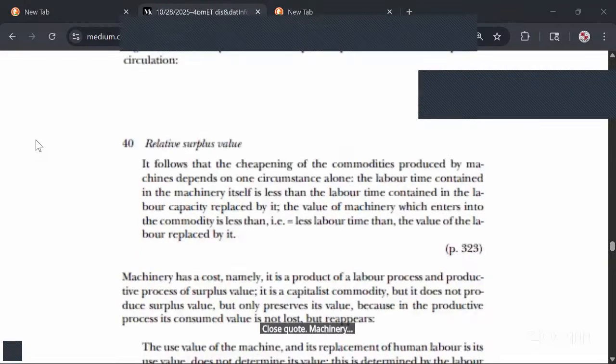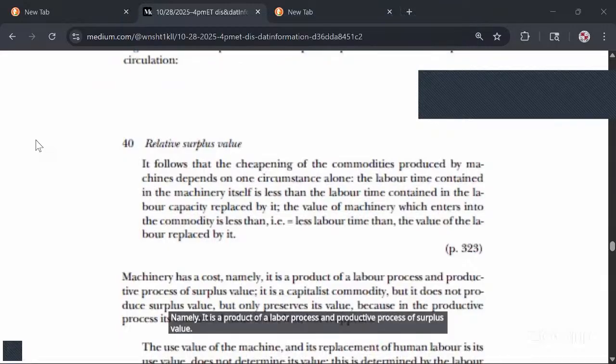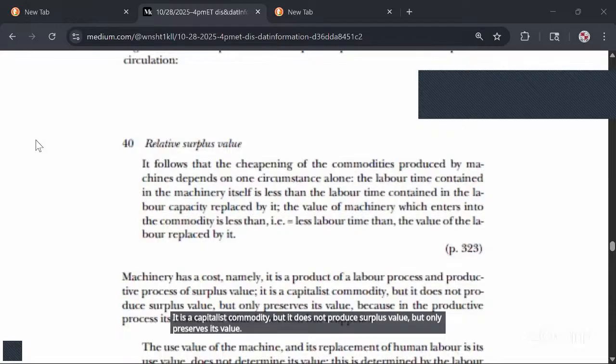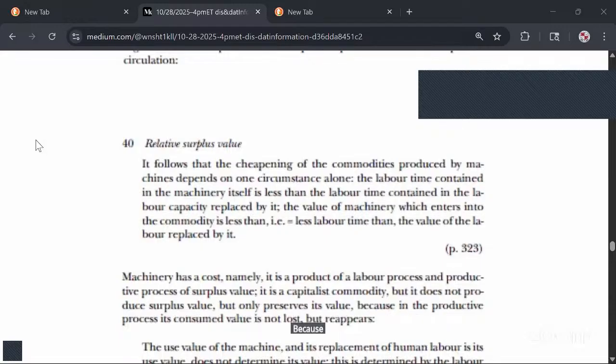Machinery has a cost. Namely, it is a product of a labor process and productive process of surplus value. It is a capitalist commodity, but it does not produce surplus value, but only preserves its value, because in the productive process, its consumed value is not lost, but reappears.